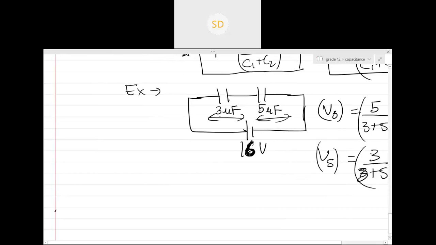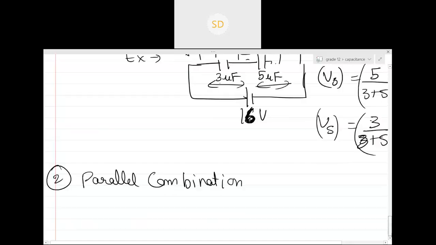So the second is basically the parallel combination. When do you say two capacitors or resistors are connected in parallel combination?